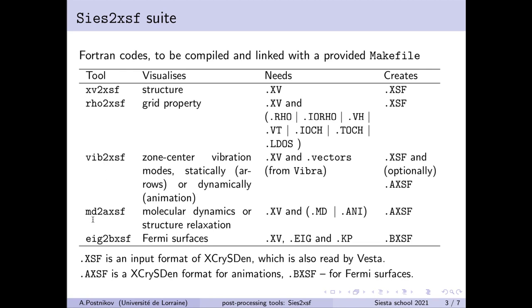Then yet another tool serves to construct the movie from the data of molecular dynamics, either MD or ANI file. And finally, there is an option to plot the Fermi surfaces, starting from the information about band energies and k-points.